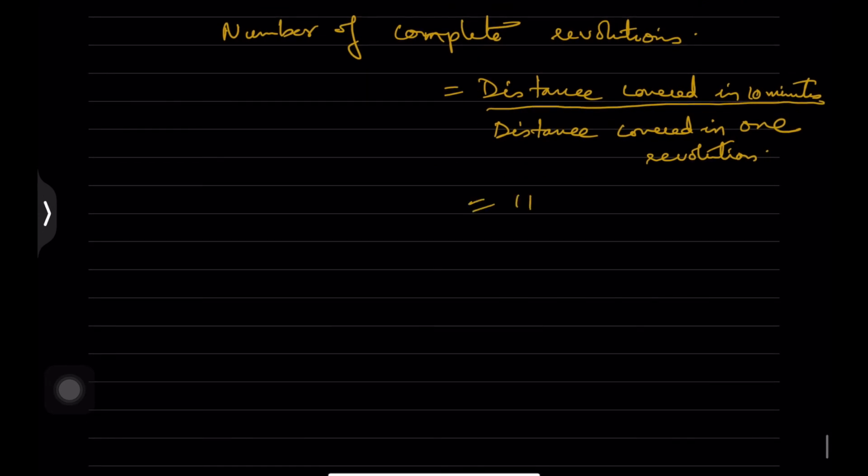So which is equal to 11 lakh divided by 1760 divided by 7, which is equal to 4375 revolutions. So many complete revolutions it can make in 10 minutes.